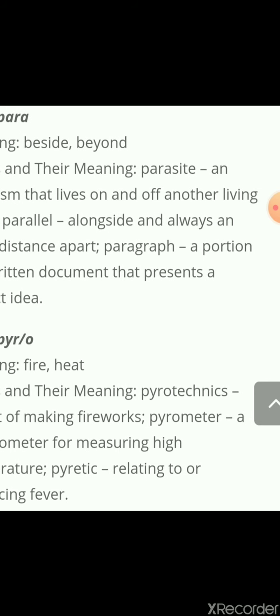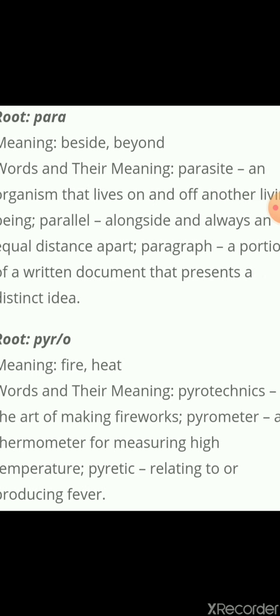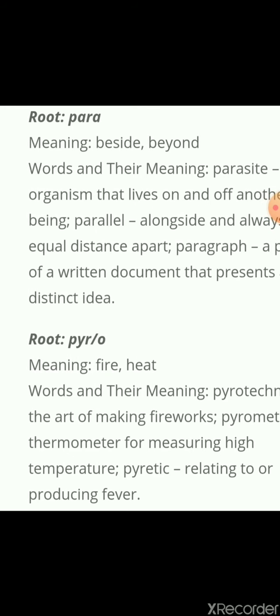Paragraph, a portion of a written document that presents a distinct idea. Graph means something in written form. As I have done parajumbles, para means beside, one by one, sequence wise, turn by turn. And jumble here means shuffling of the sentences that we need to find.